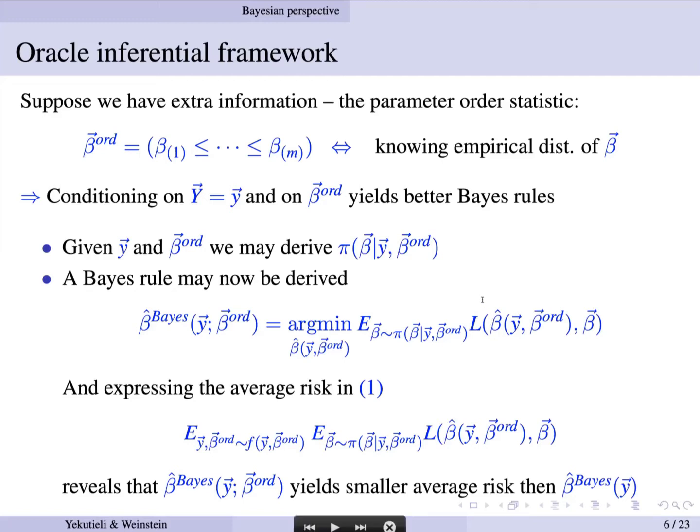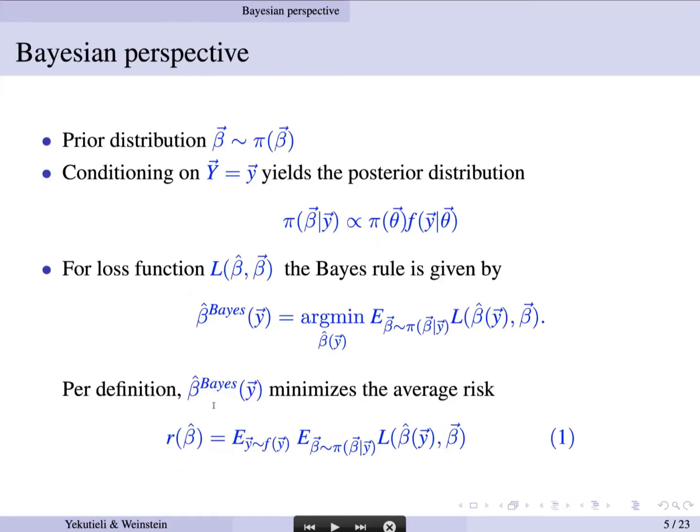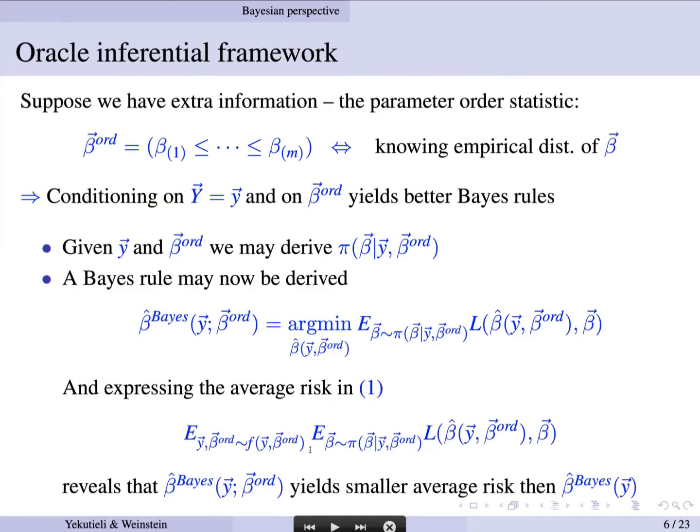So what I'm doing differently, I'm computing a slightly different posterior distribution. I'm conditioning on y and on beta ord, okay? And why is this better? Because I can express the average risk as before. This is the average risk. The average risk is the same, but I can write it differently, it's the expectation over the marginal distribution of y and of beta ord for this conditional expectation.